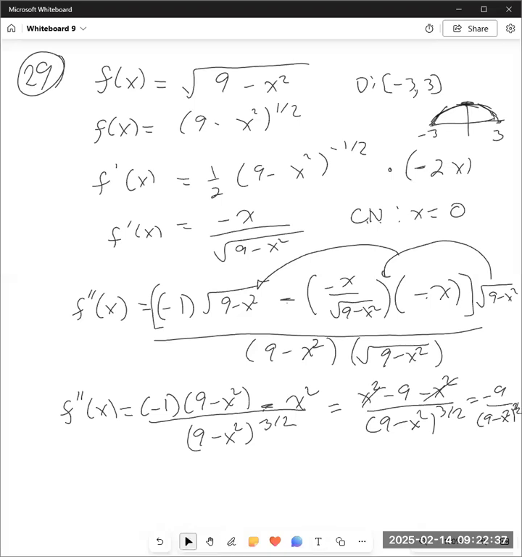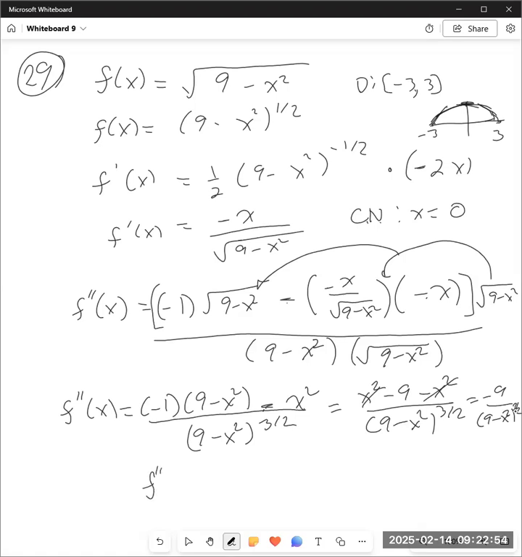It'll help me a little bit to look at the graph here to see that the square root of 9 minus x squared is always positive. So if I cube that, that's still positive. This is a negative in the top over something that's always positive.